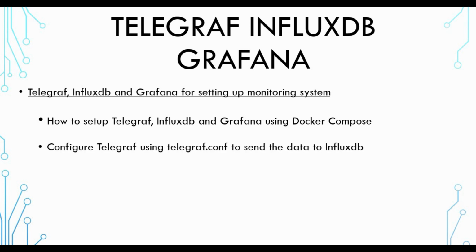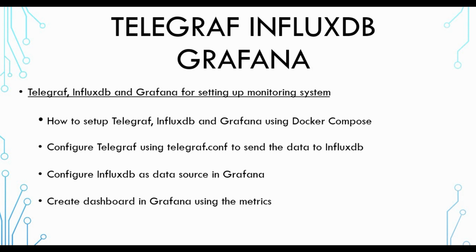Once you have the Docker Compose, you also need to configure Telegraf, so we'll also see the configuration file, telegraf.conf, and how you can write that so that data can be sent to InfluxDB. You also need to configure InfluxDB as a data source in Grafana, so we will see how you can do that. And at the last, you need to create some dashboards in Grafana using the metrics which are sent from InfluxDB to Grafana.